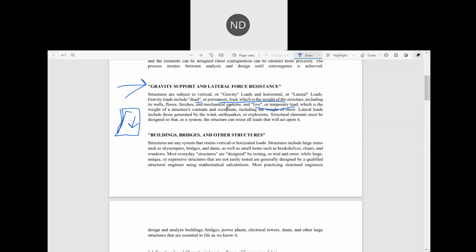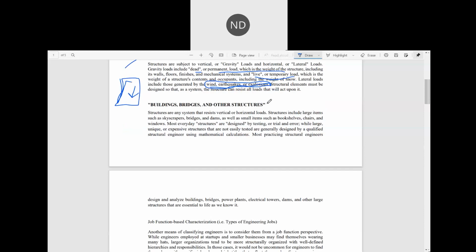Lateral loads also can be included. Those include wind, earthquake, or explosions, as I told you. Structural elements must be designed so that, as a system, the structure can resist all loads that act upon it. So we have buildings, bridges, and other structures.